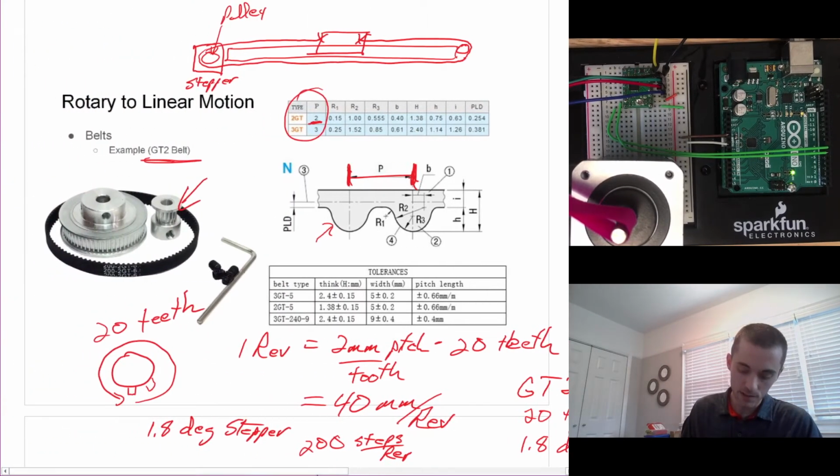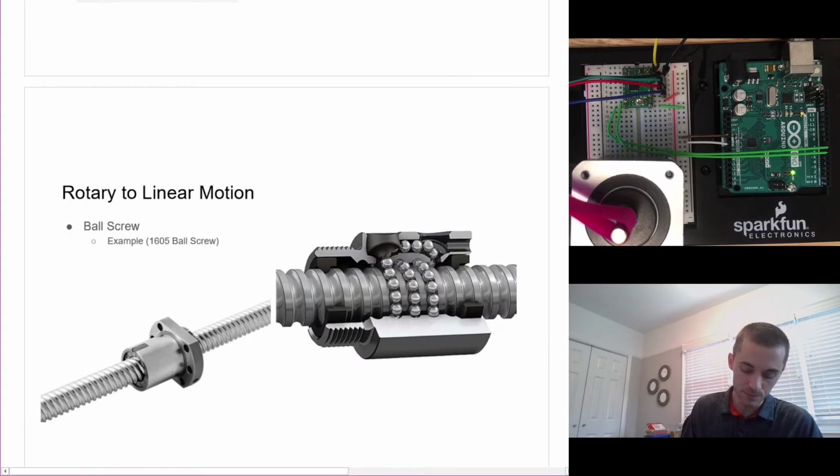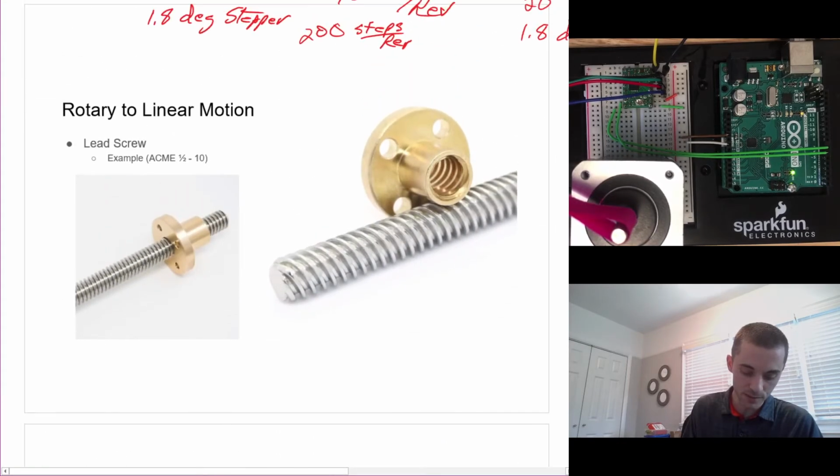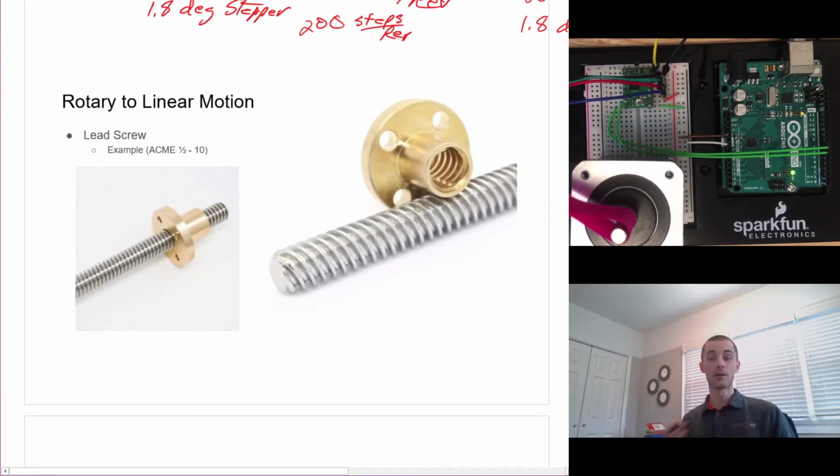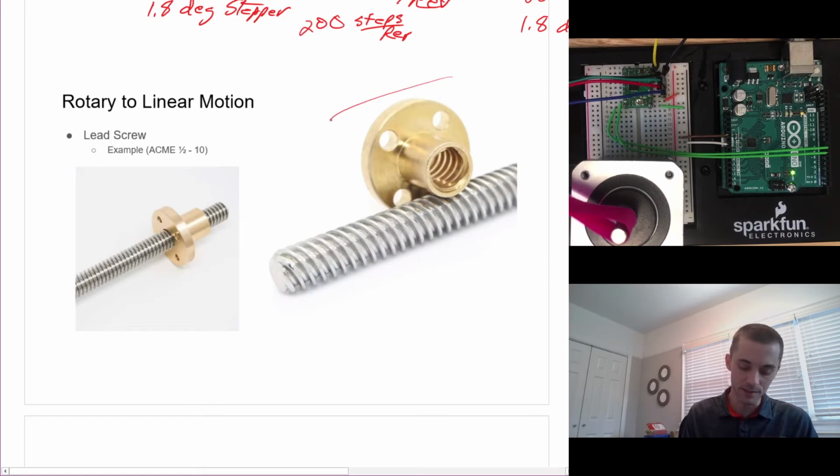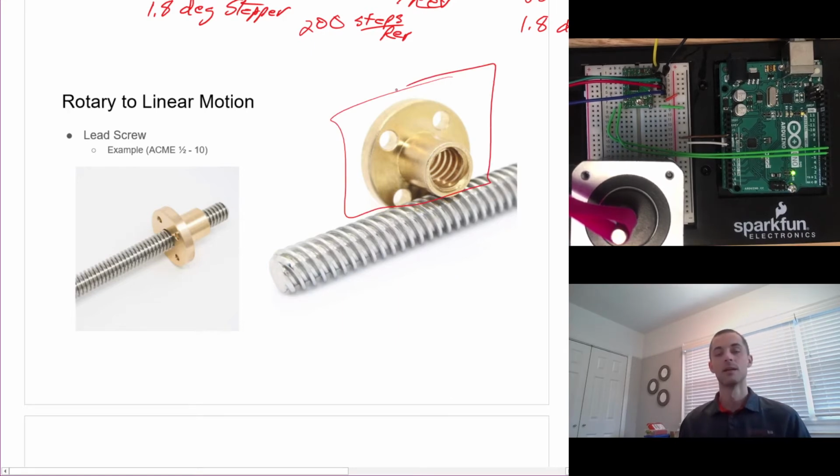So that's with a belt system. There's two other main ways to control these. Another one is using something called a lead screw, which is effectively like a really long bolt. And you put a nut on there, and you attach something to it, and it will drive back and forth as you continue to spin that rod.